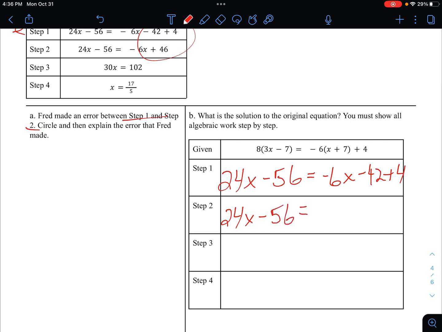Equals negative 6x minus 38. Then it looks like in step 3, he got all of his variables onto one side. So we know this is going to be 30x because we add 6x to both sides.